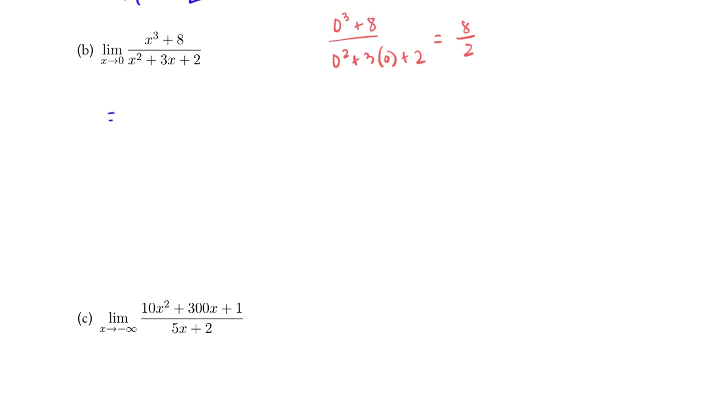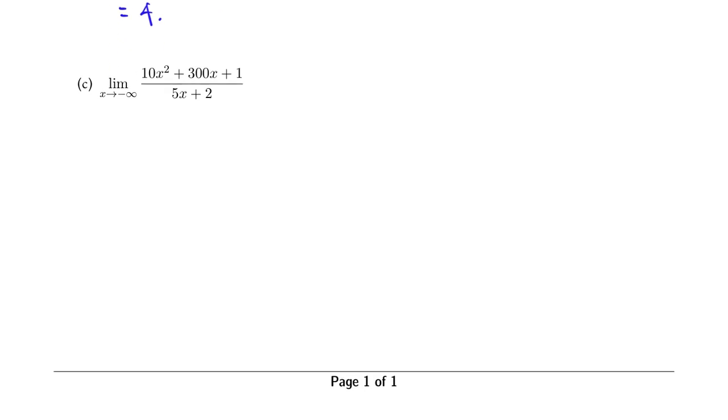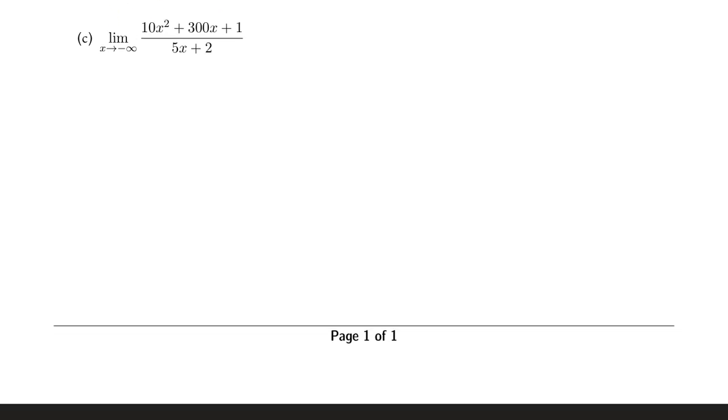And so the limit is 8 over 2, or simply 4. In this case, the L'Hopital rule does not apply because we checked and it is not in indeterminate form.